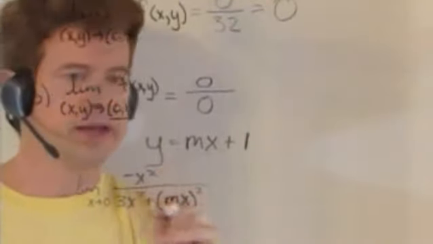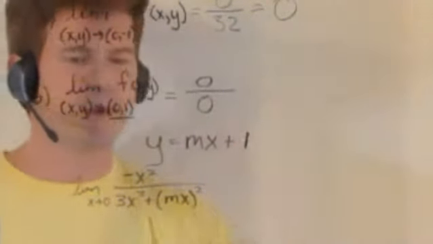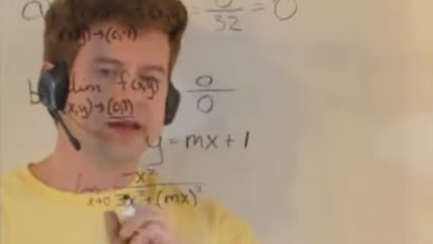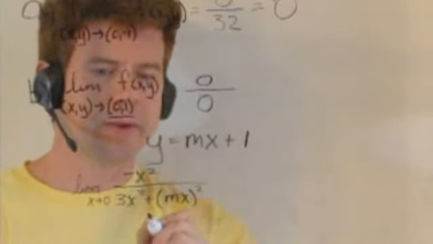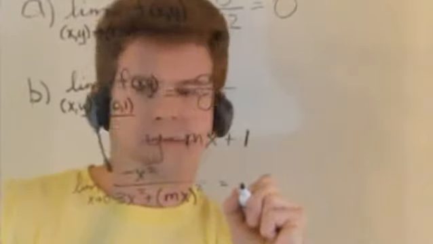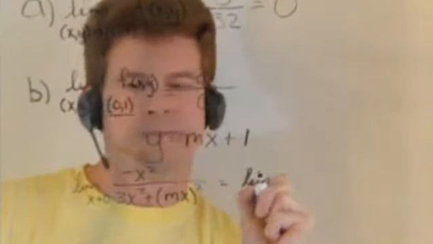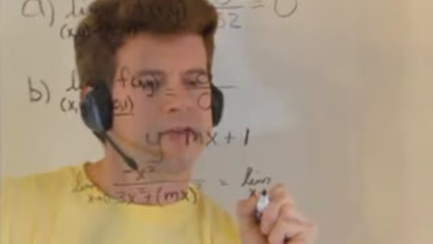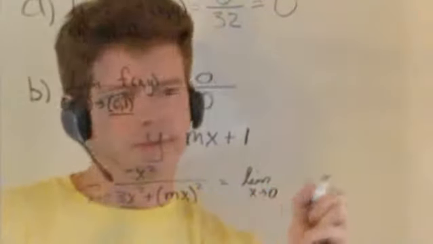We can't just plug it in yet because we'd still have 0 over 0, but what we do see is that we can factor out x squared from the top and bottom. So now we'll redefine this as the limit as x approaches 0.